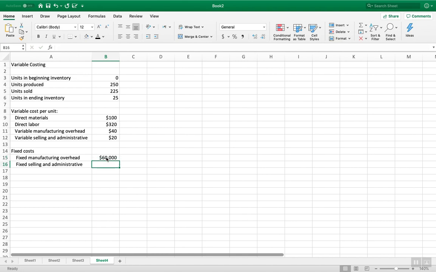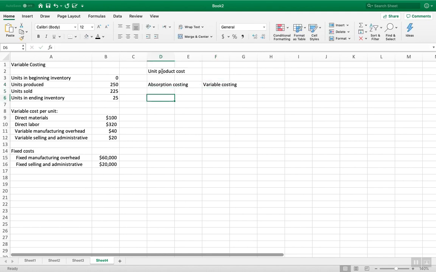So we have $60,000 for manufacturing overhead, and we have $20,000 for selling and administrative. Now let's calculate the unit product cost using this data, but let's calculate it two different ways. Let's calculate it using absorption costing, which is what we've been doing so far this semester, and then let's do it by calculating variable costing.